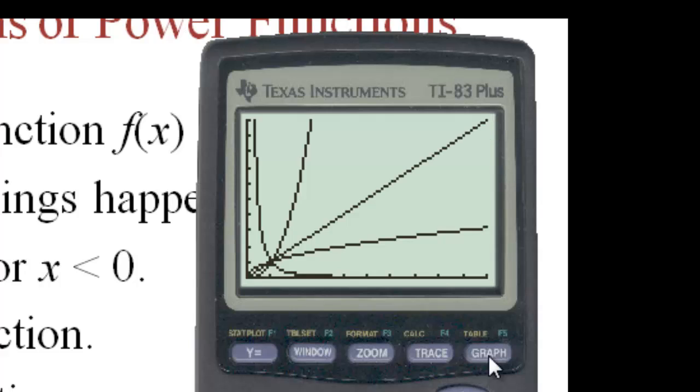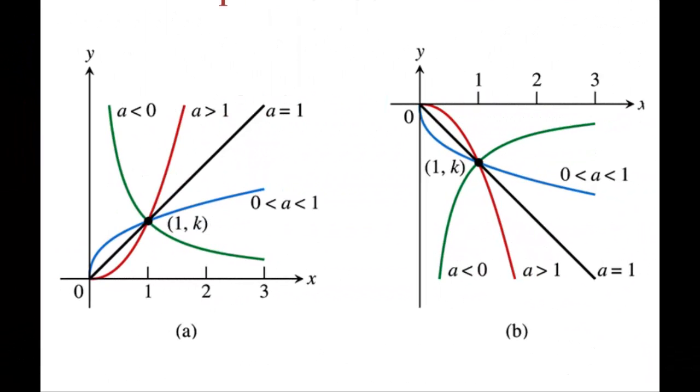The thing that you notice is that they all go through 1. Now, the x will be 1, the y will be whatever our constant is. If they have a positive power, it's also going to go through 0, 0, and if we have a negative power, it's asymptotic to both axes. If we have a picture of them, you can see a little clearer. The graph on the left is when our constant is positive, in quadrant 1, and the graph on the right, if our constant is negative, we're in quadrant 4.